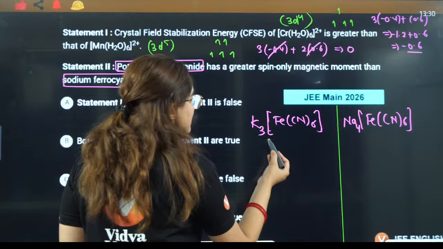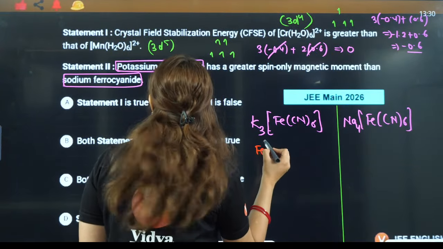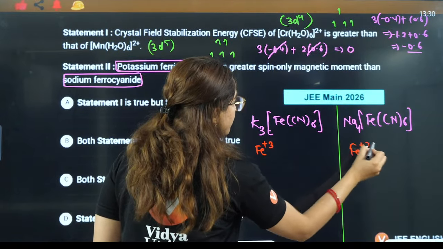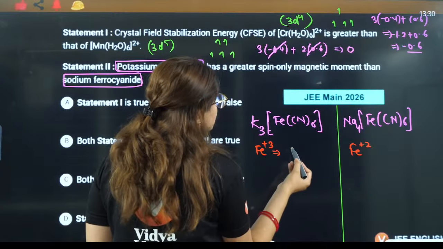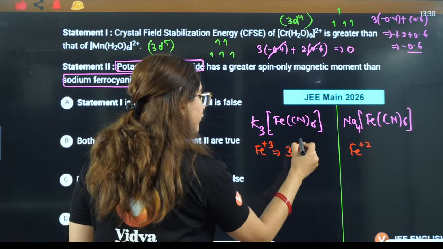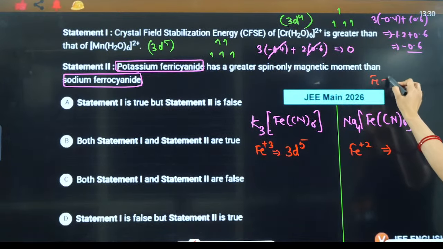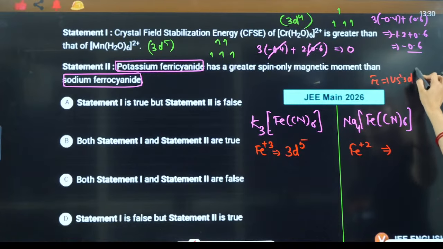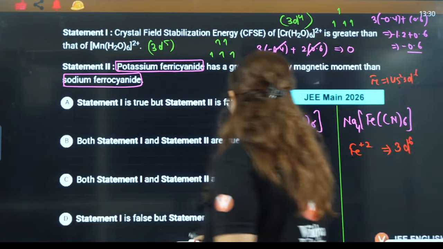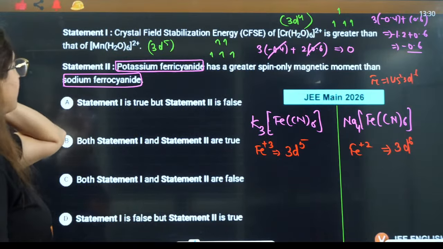Now, iron in ferricyanide will be in +3 oxidation state, and this will be in +2 oxidation state. +3 means you take out 2 electrons from 4s and 1 electron from 3d, because iron is 4s2 3d6. This will become 3d5, and the other 3d6. Now the next part is, which has greater spin only magnetic moment.